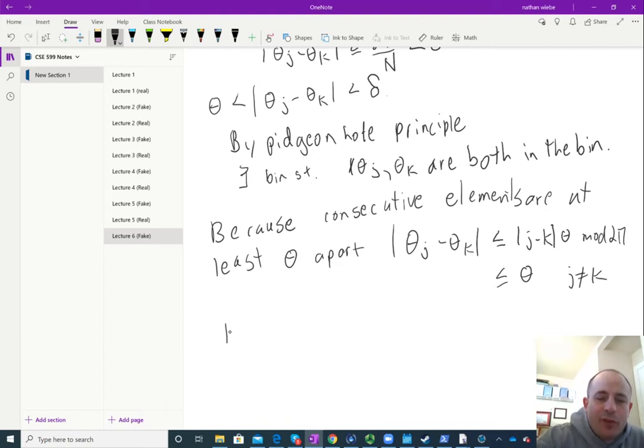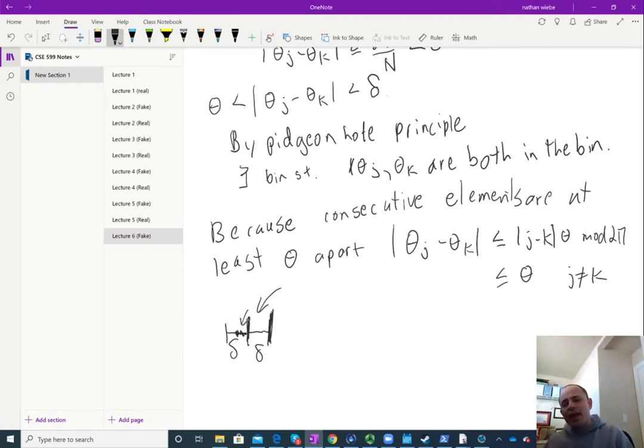And then from this, as we repeat this process, you can't end up getting a sequence where all of these consecutive points are closer and closer and closer, thereby preventing you from landing inside one of these delta windows. So every sequence with this property is ergodic, and therefore it will wrap around and densely fill the unit circle.